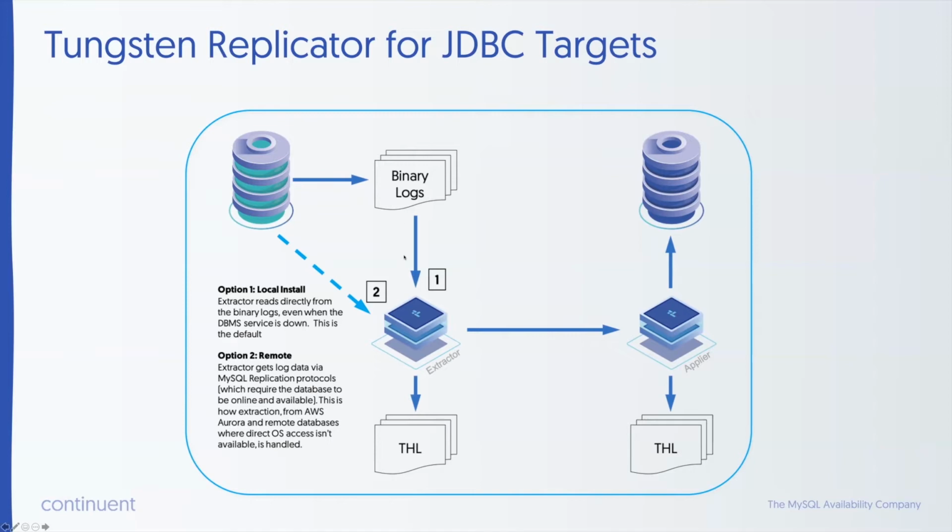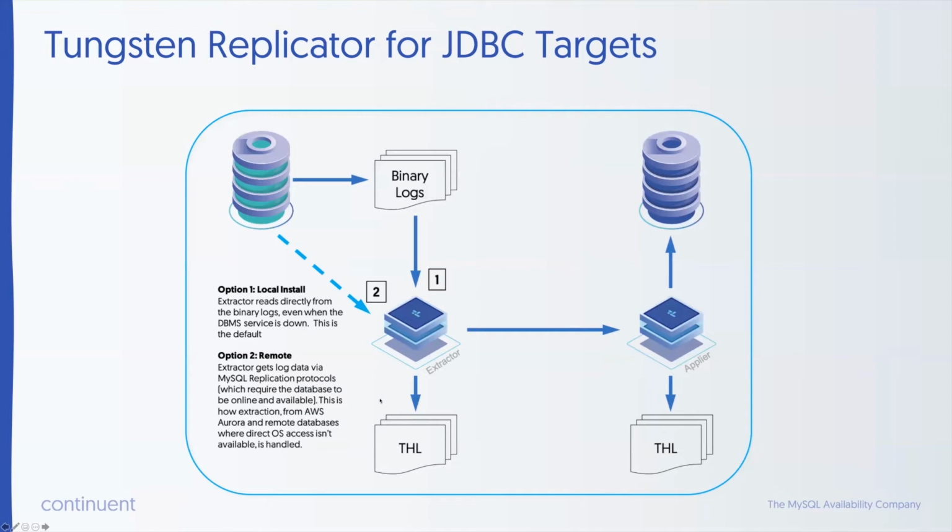So we're transactionally consistent, so we will only extract a full completed transaction upon commit, and then we will convert that into THL, which is our transaction history log. That will then be picked up by the appliers. So the extractors, we don't push the data, the appliers pull the data across. So the applier will pull that THL across from the extractor. It will extract the THL and process it and apply it into the target database.